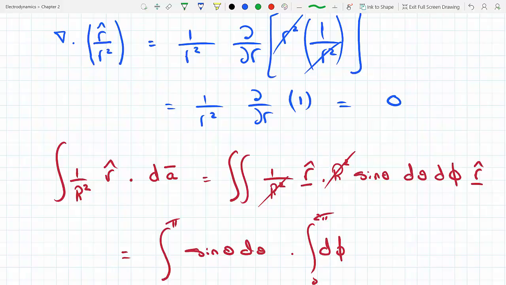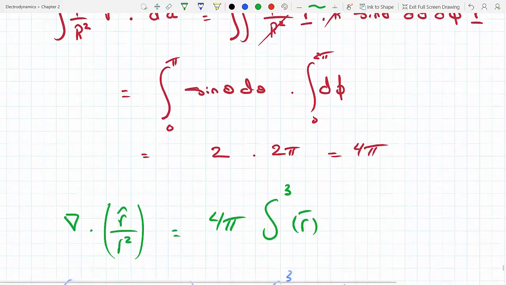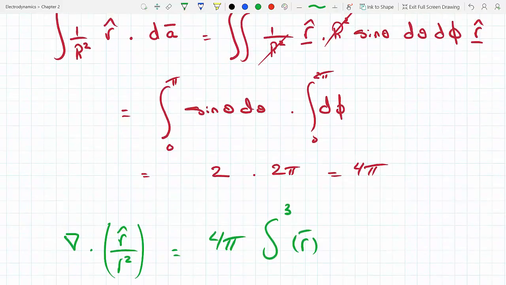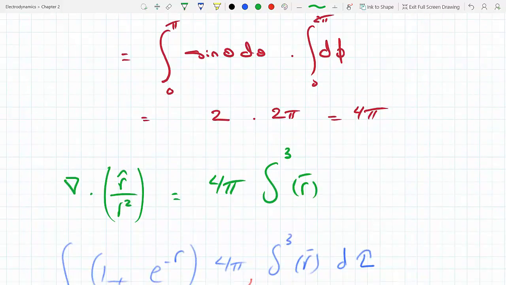All right, and how come you integrated dA? Like, why did you do that in the first place? Yeah, because look, if you're at the origin, forget all this math.